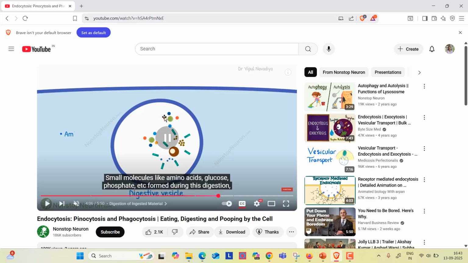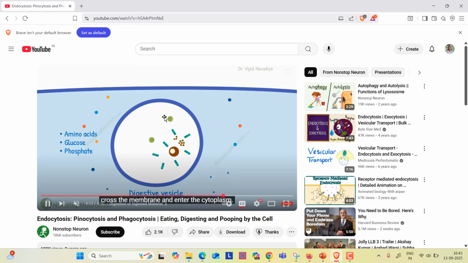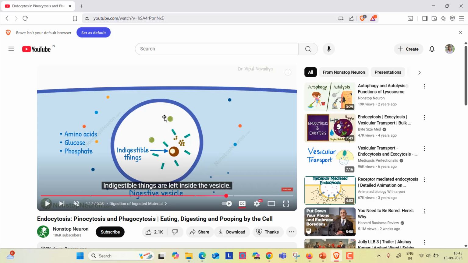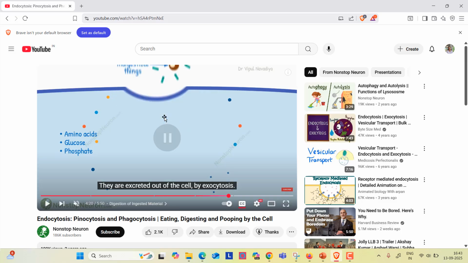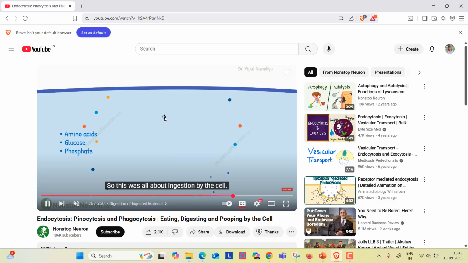Small molecules like amino acids, glucose, phosphate, etc. formed during this digestion cross the membrane and enter the cytoplasm. But indigestible things are left inside the vesicle. They are excreted out of the cell by exocytosis. Right? So this is all about ingestion by the cell.